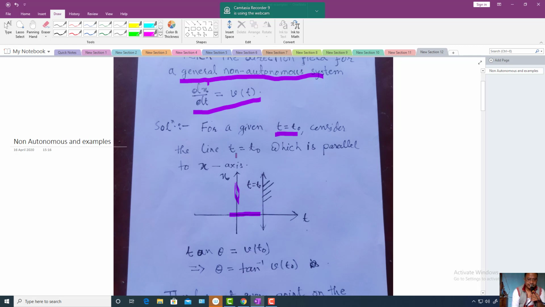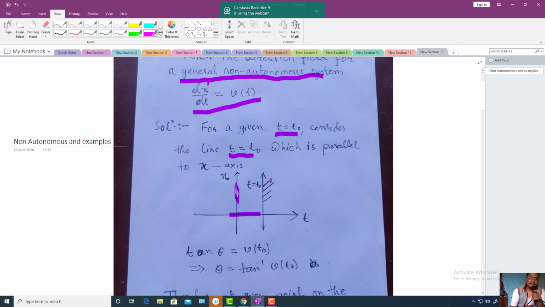For a given time t equal to t naught, let us consider the line. This line is parallel to the x-axis, the phase space axis.